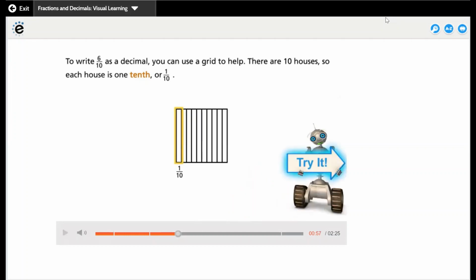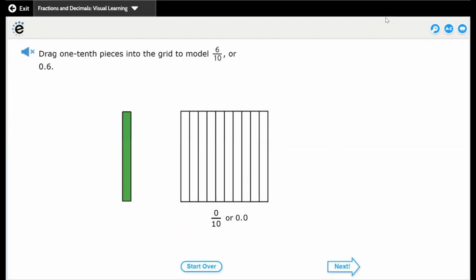So this grid shows out of 10. Let's try. Drag 1/10 pieces into the grid to model 6/10. Each bar represents 1/10, or 0.1.